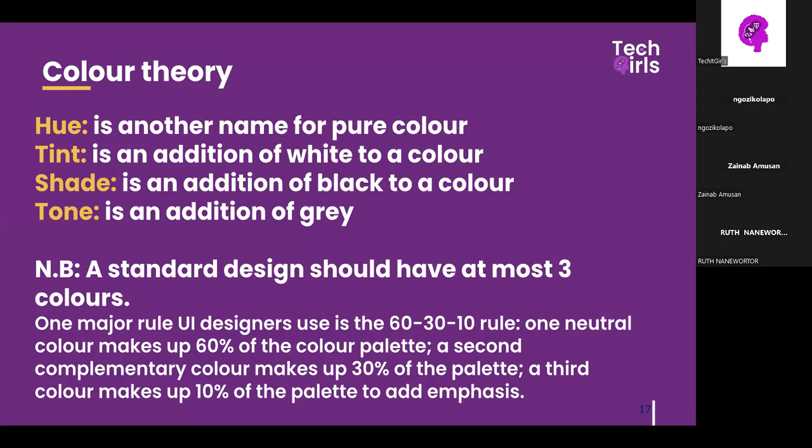So it gives it another shade of that green that you are using. Then shade is an addition of black to a color. So when you put black in green, you see the different shade of green it's going to come up with. Then also tone. Tone is the addition of gray to the color. So it just gives you different color styles, color combinations, or color theory, basically.